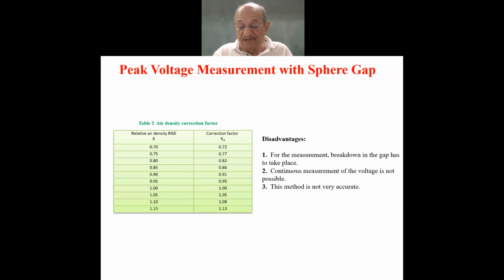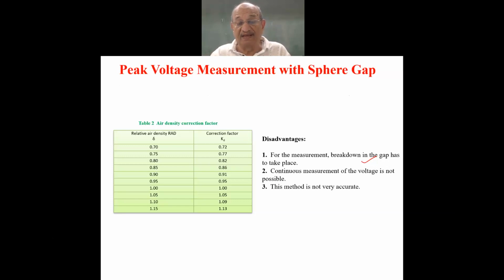Yeah, for the measurement, every time you have to produce a breakdown, which is not desirable. When you are measuring, you want to measure only the voltage, but you have to create a breakdown, and only then do you get the magnitude of the voltage.